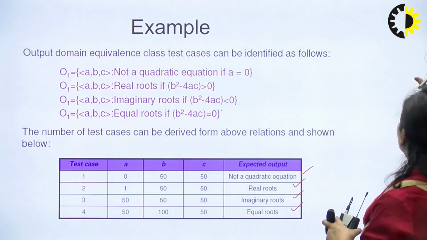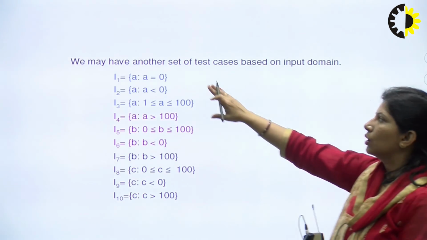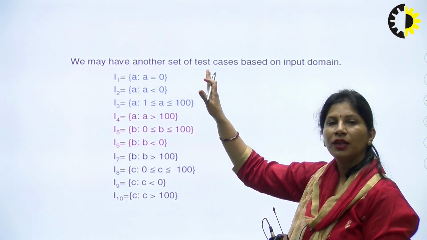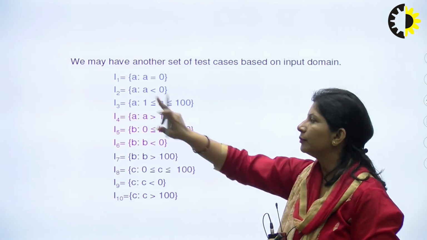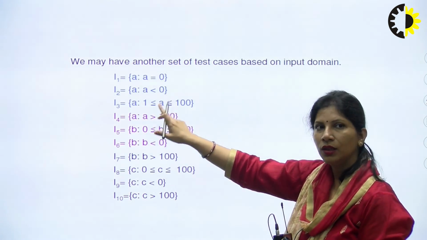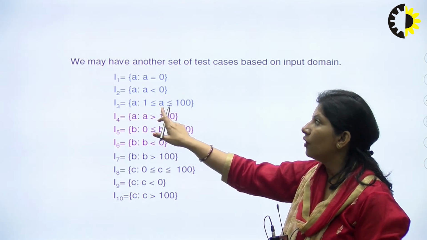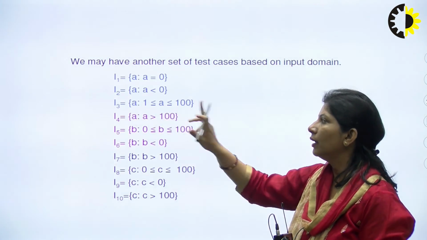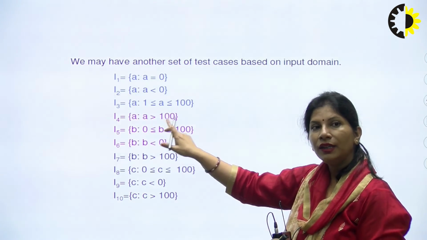Likewise, we have another set of test cases based on the input domain. If A is equal to 0, if A is less than 0, then the value of A will be between 1 and 100, and the value of A greater than 100.